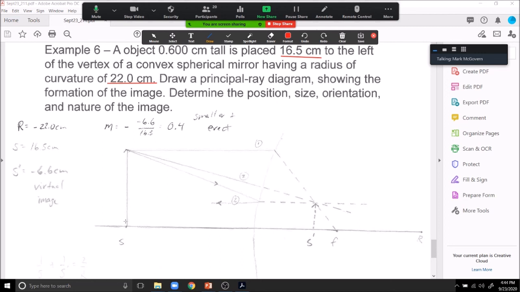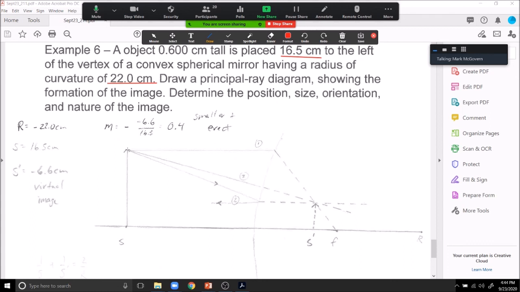I don't know why I did that, but this should be way tinier. It's going to be to scale with the image, it's just not to scale with the optical axis information on here. Anyway, the distances on the optical axis are to scale, but the heights are just messed up.